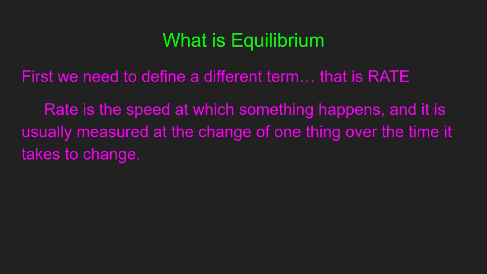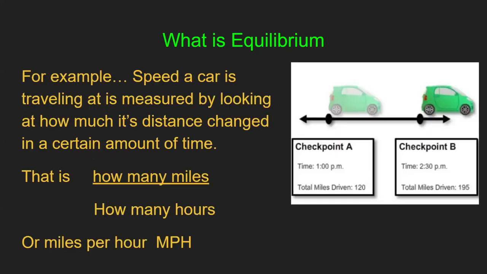Rate is not just the speed at which something is happening; you're measuring the change of something over time. One of the easiest examples is that speed is the rate of change of distance over time. You're measuring speed by looking at how much the distance has changed in a certain amount of time.